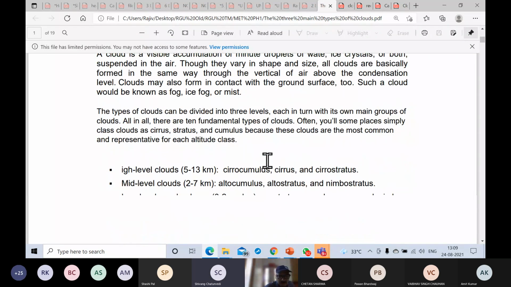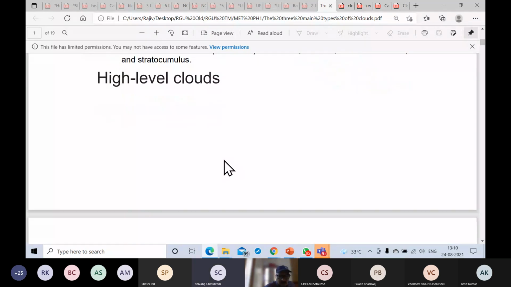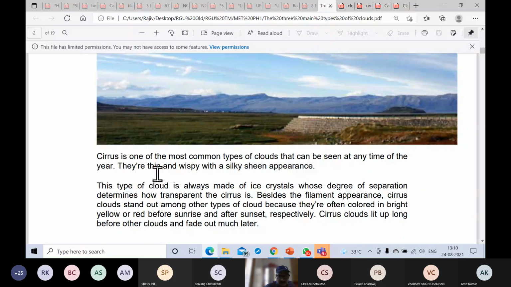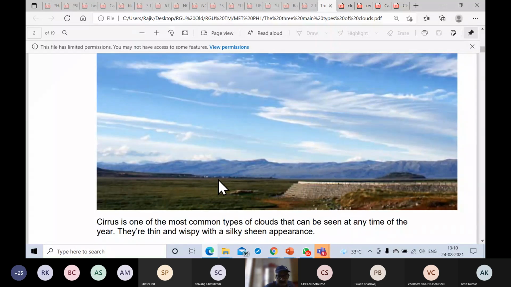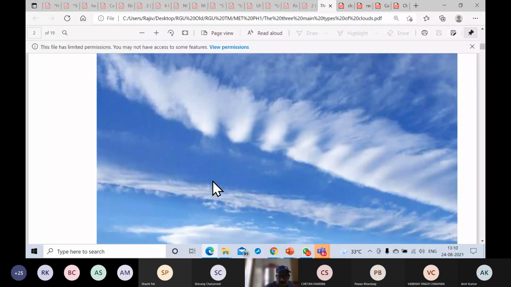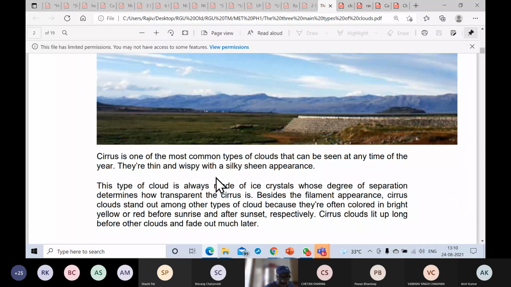Okay sir. So we go one by one. High level clouds. This is an example: Cirrus. This is a high level cloud just by appearance. Purposely I'm sharing a photograph so that you can see the appearance also. It is important also to recognize it. Although really speaking, the issue will arise when it is raining because that is going to create concern as navigator.